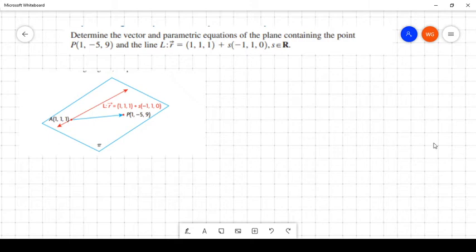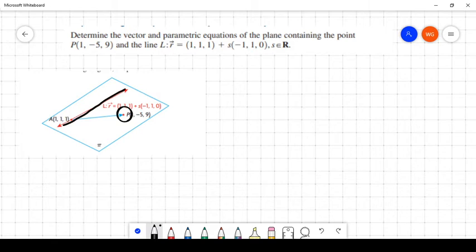This is one of the preconditions to establishing a plane: if you have a line and a point, you have enough information to establish a plane. I've drawn a diagram to show you how it's going to be done. You can see the point (1, -5, 9) and the line right here.